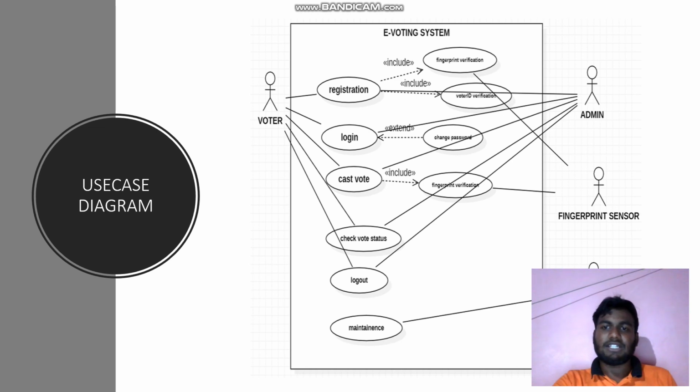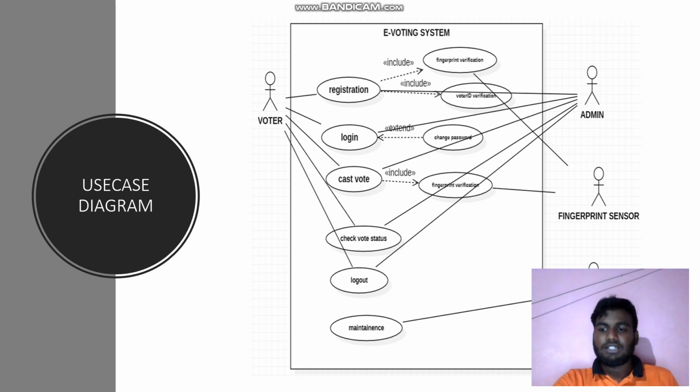If they wish, they can change the password; the change password is not mandatory. Then they cast the vote with the help of fingerprint verification. Only then can they cast the vote, and then they can check the vote status, whether submitted or not submitted, and they can log out.